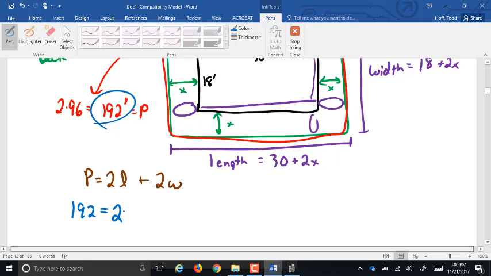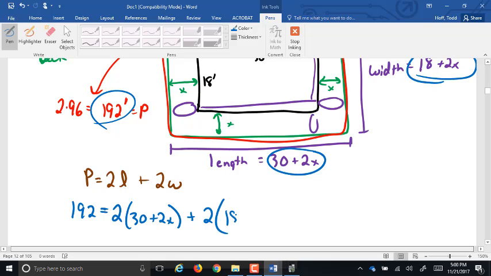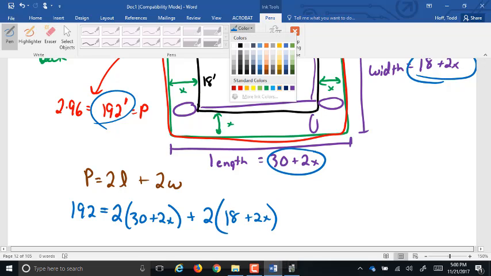So 2L becomes 2 times the length, which is 30 plus 2x, yep. Plus 2W will become 2 times, perfect. The new width is 18 plus 2x. And now we're going to solve for x.